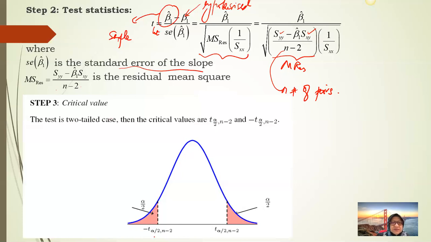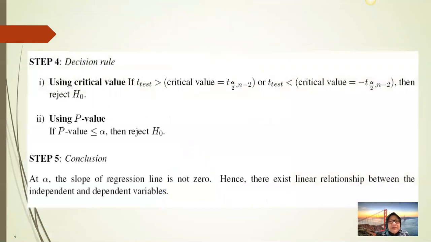It is two-tailed, so that is why you have left and right. This is minus t alpha over 2, and of course you have 0 in the middle. So this is the test statistic. Then for the critical value, you are going to test where your critical value is located. You compare t test versus t critical, which is t alpha over 2 with degrees of freedom nu.